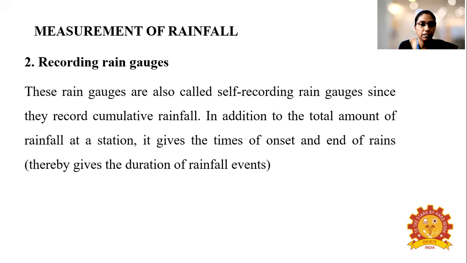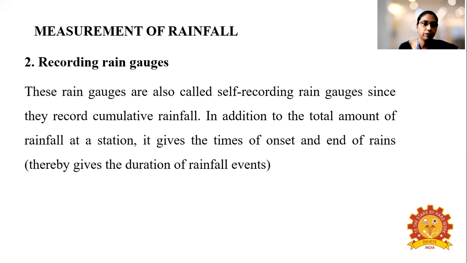They give the detail about the duration of the rainfall events since the data is recorded in a sheet, and these rain gauges are otherwise called self-recording rain gauges, which give details like the duration, that is onset and the end of the rainfall.